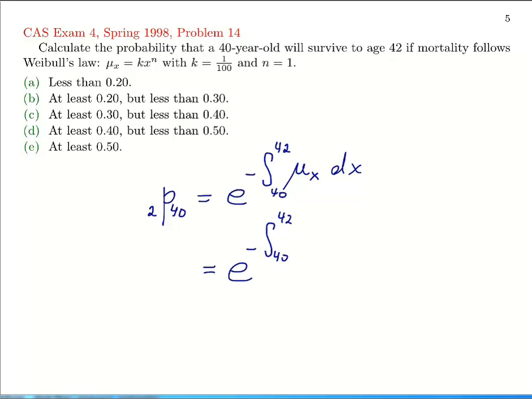Mu sub x is k, 1 over 100, x to the n, so x, n is 1, so x dx, and that's a very easy integral, so this would be minus 1 over 200 x squared from 40 to 42.